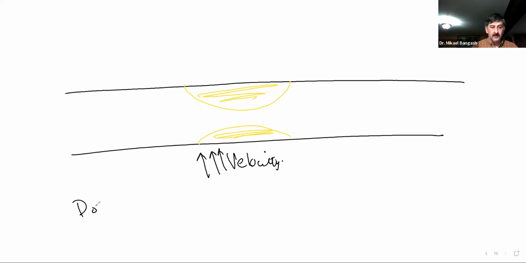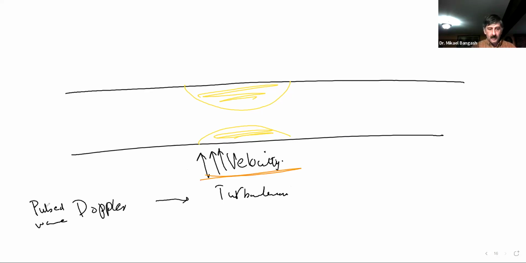What we will actually see is in Doppler, and not just any Doppler, but pulsed wave Doppler. At this stenosis, we had the turbulence, but not really due to the turbulence, but actually due to the high velocity. In a pulsed wave Doppler, that is going to lead to something that we will call aliasing.